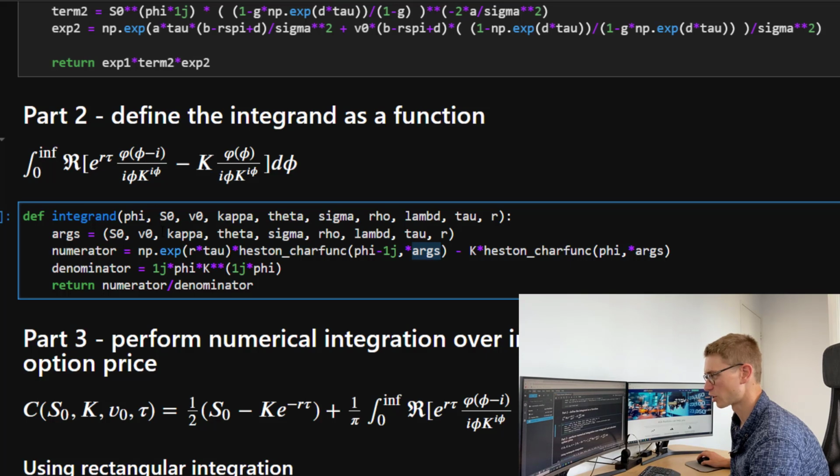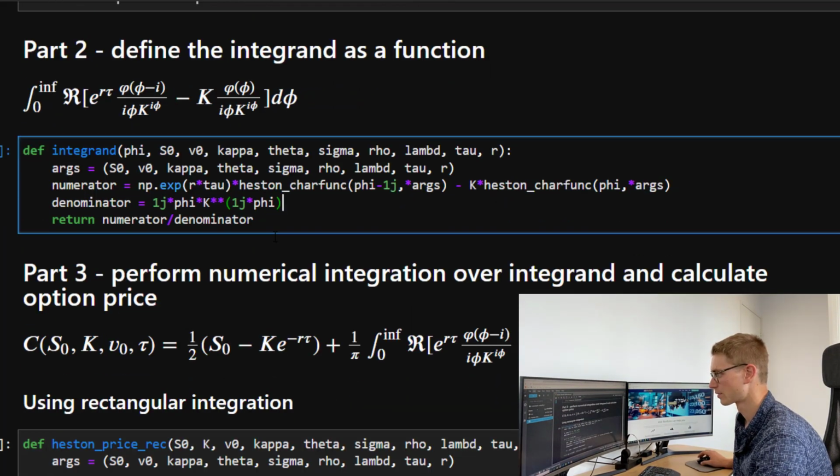Here I've got the exponential of r times tau times the first characteristic function, which remember is just the offset by the complex number, and then minus k times the Heston characteristic function with just phi. In the denominator we have the complex number times phi times k to the power of i phi.